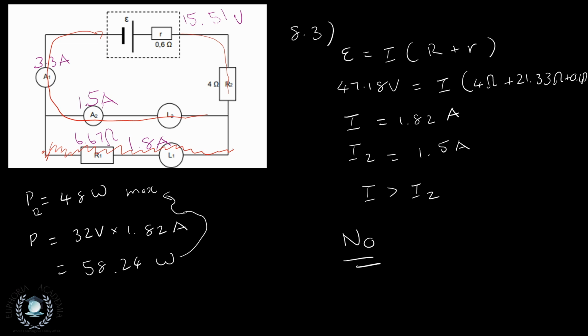So at some point this bulb will blow, and it's basically operating above its limitations. So no, bulb L2 will not glow, it will not shine, and that is it.